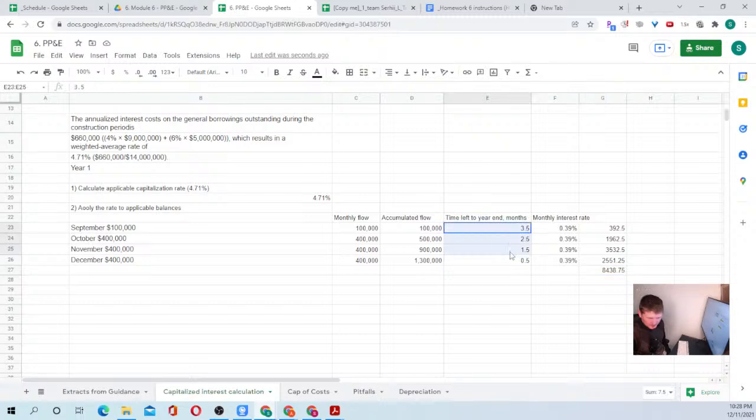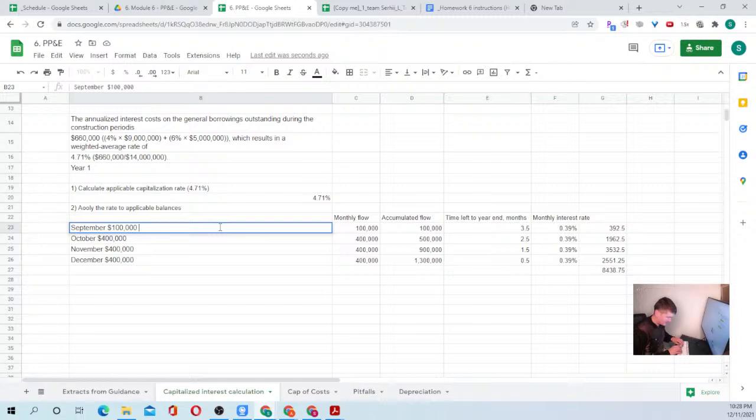So I don't need that data. I just need to, if I use the half month convention, I use that one for half a month. So that's assumed that it is starting September 15th. No, that's probably a bad place to write it.